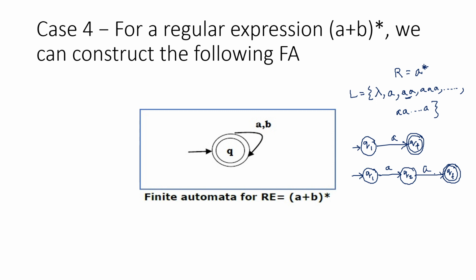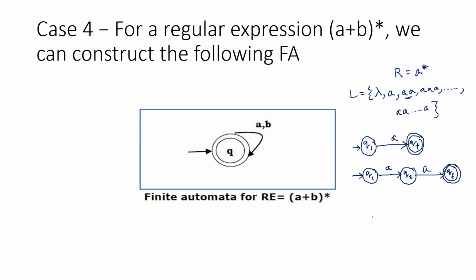If it wants to accept AAA, in that case the number of states will increase, but it is not a solution because you don't know what is the maximum length of the A. That means you cannot have a DFA something like this.